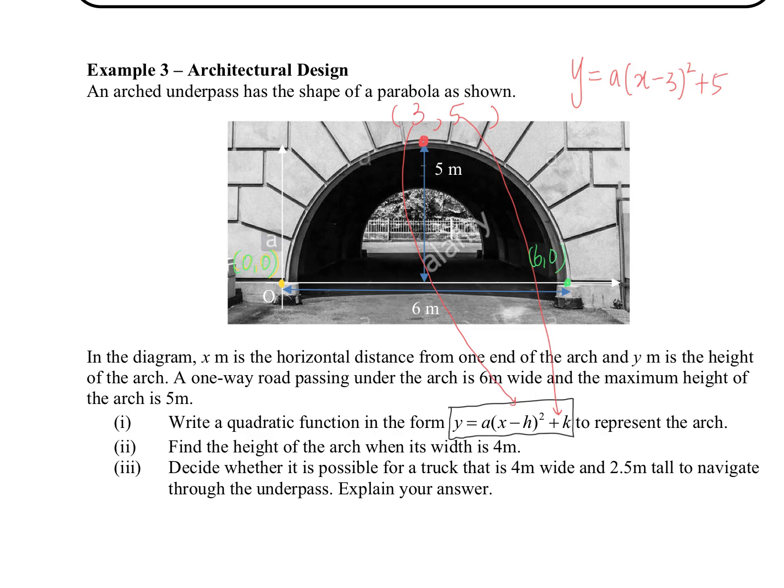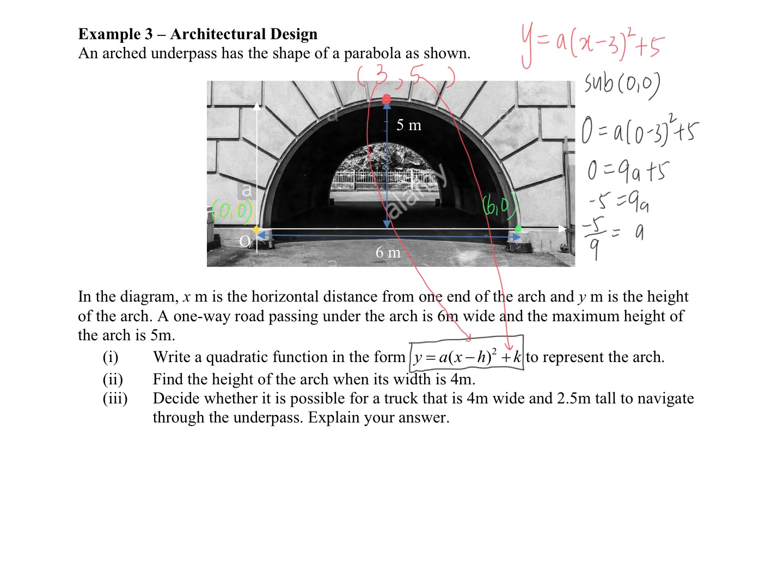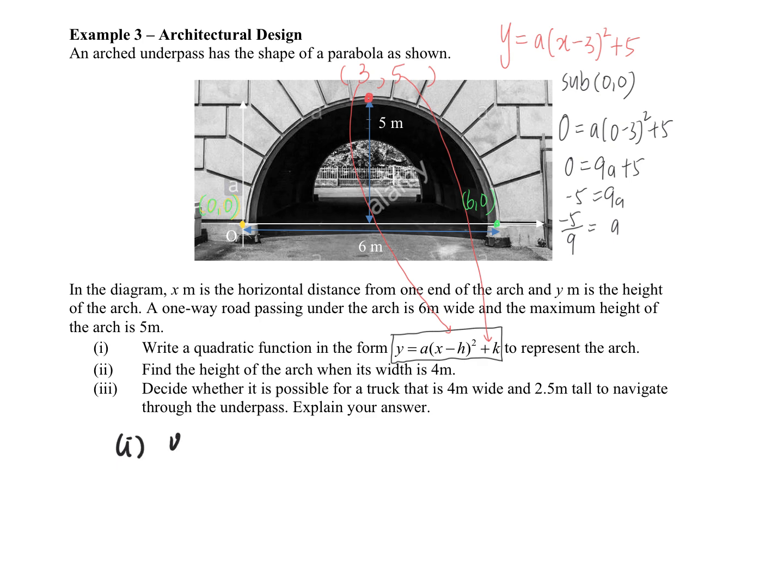So choose either one and sub in. Choose the 0, 0 because it's easy. So sub one of the point on the curve inside. Okay, then you will get 9A. So your A is minus 5 over 9. So which tells us that the equation in completed square form looks like this.